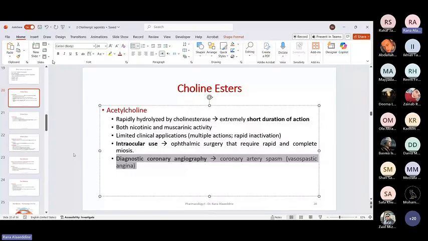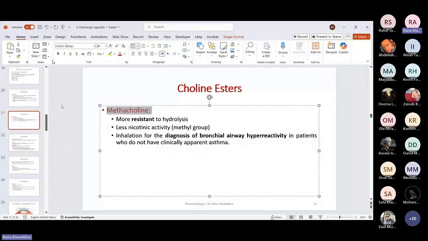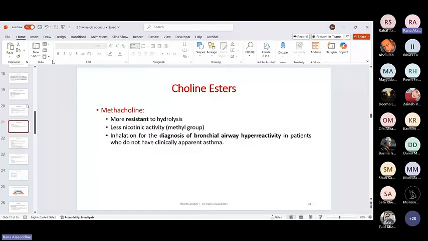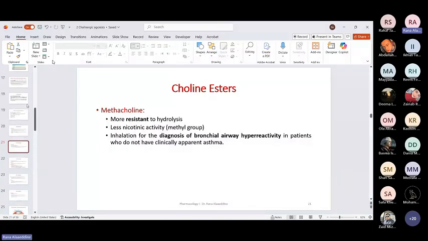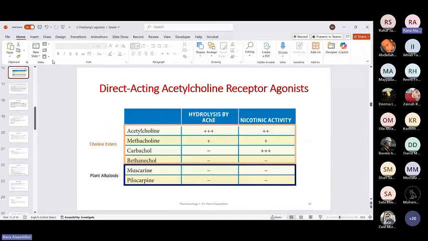So, second idea is methacholine. Methacholine is a drug also. Let's go back to the table. Methacholine over here is a drug that is resistant somehow. It doesn't get hydrolyzed by acetylcholine esterase as much as this one, but it does a little bit. So what do you think the duration of action is going to be?